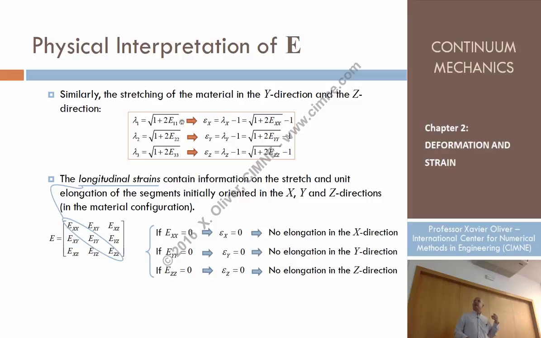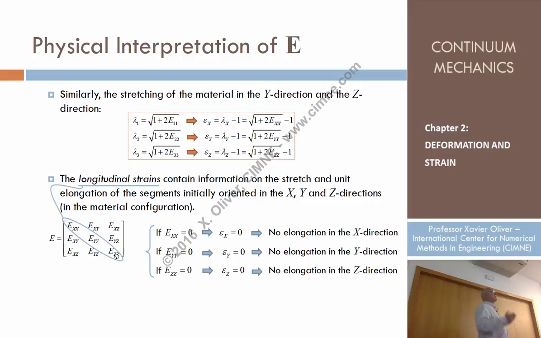In any case, the stretches and the unit elongations in the x direction, in the reference configuration, are contained in this segment here. The stretches and elongations in the y direction are contained in this term here. And the stretch or elongations of segments in the z direction is contained in that segment.